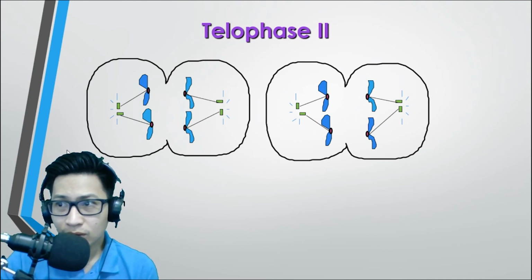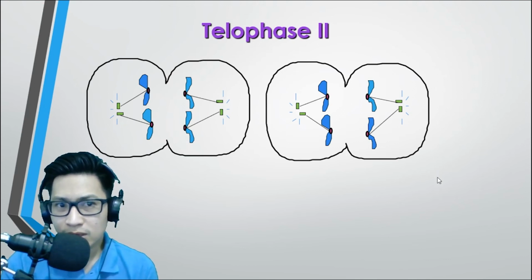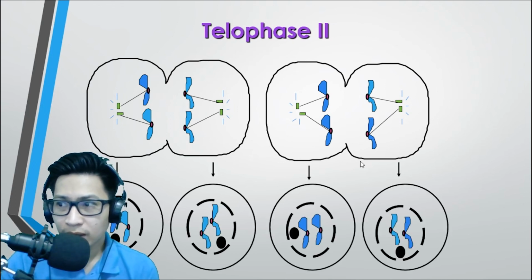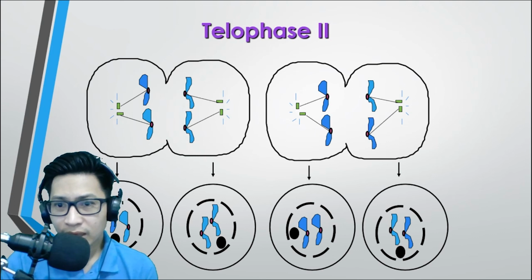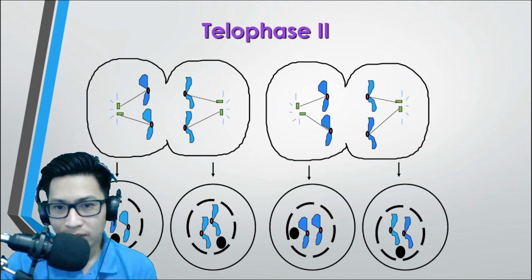Ito yung unang daughter cell from telophase I. And ito naman yung isa pang daughter cell from telophase I. Now, during telophase II, magkakaroon na tayo ng 2 daughter cells from each cell of telophase I. During the cytokinesis of telophase II, nagkakaroon na tayo ng 4 daughter cells that contain half the number of chromosomes from the parent. Meaning to say, we have 4 haploid cells.